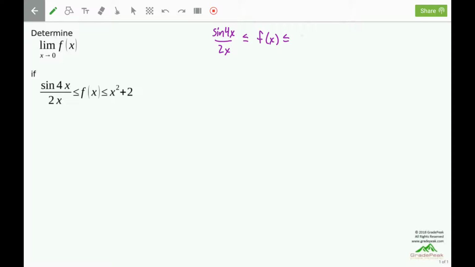and x squared plus 2. We can take the limit as x approaches 0 of each of these, and the inequality will still hold true.